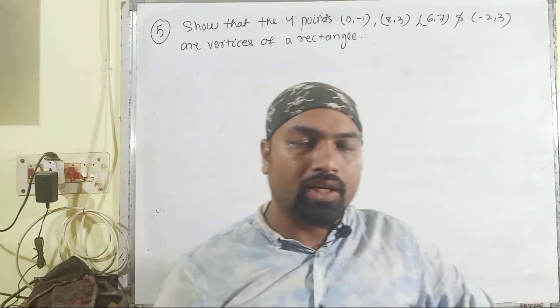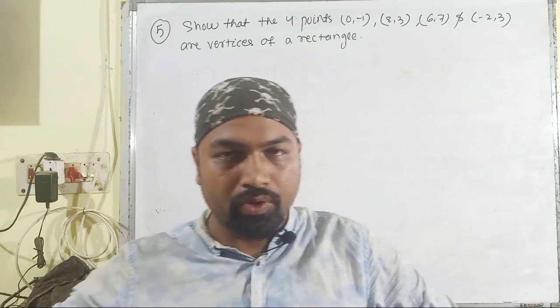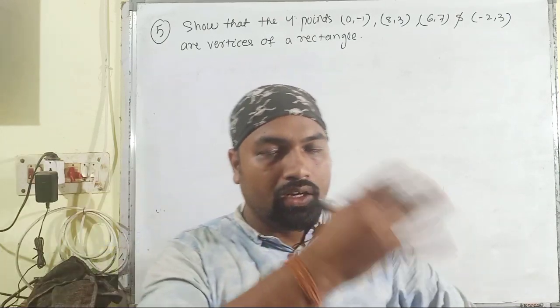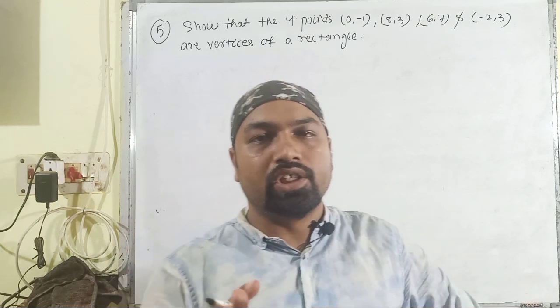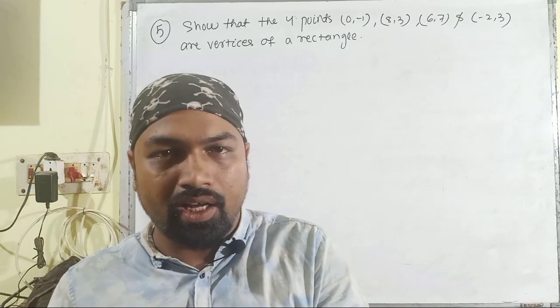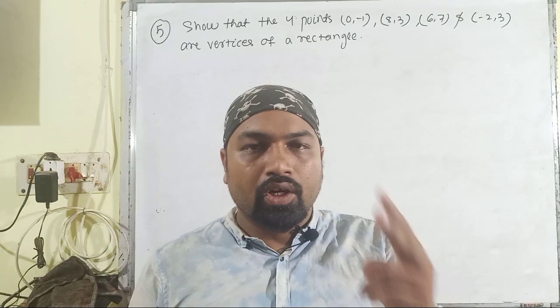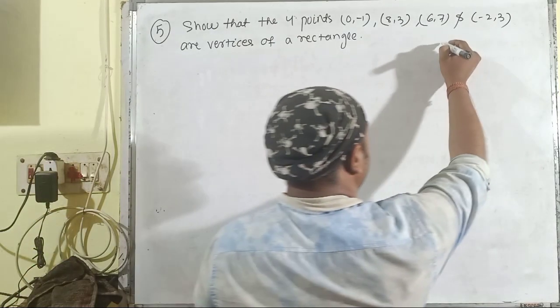It has 2 cases. The opposite sides must be equal, that means the lengths of the opposite sides are equal with each other, and the second case is very important. The diagonals must be equal with each other. That means we have to prove that a quadrilateral is a rectangle by proving two conditions.